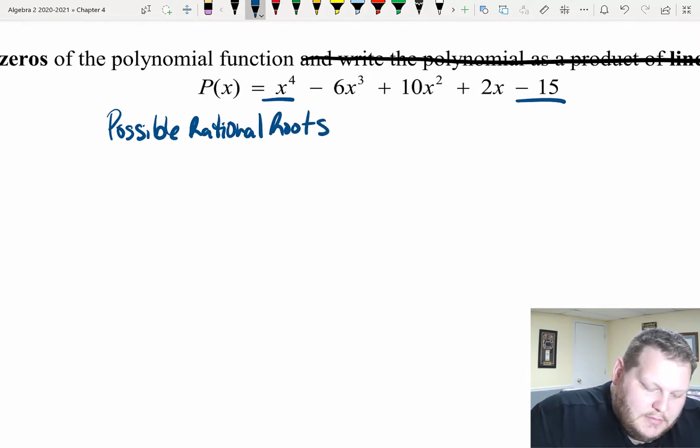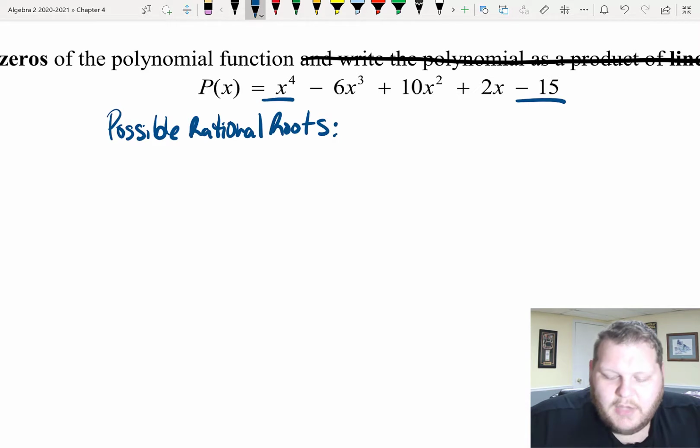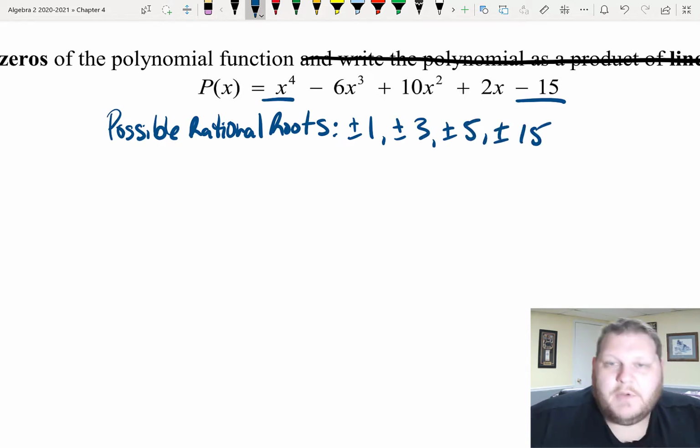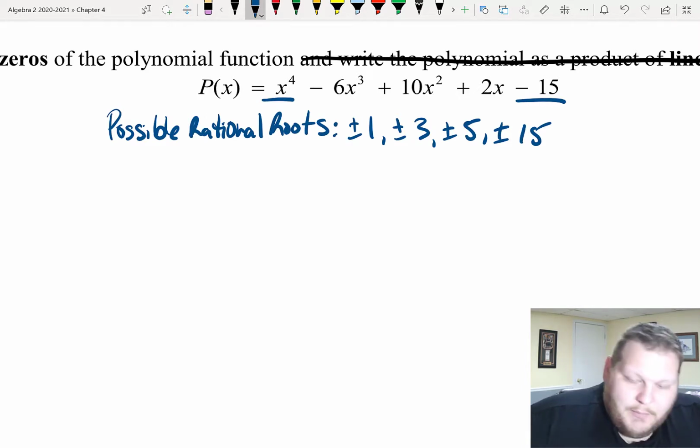Since my leading coefficient is just 1, it really is just my factors of 15. So I've got plus or minus 1, plus or minus 3, plus or minus 5, and plus or minus 15. Those are my only factors of 15: 1 times 15 or 3 times 5. So that's our list.